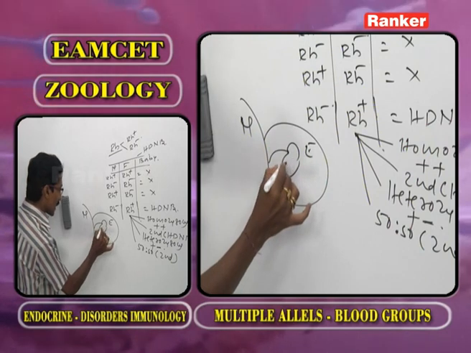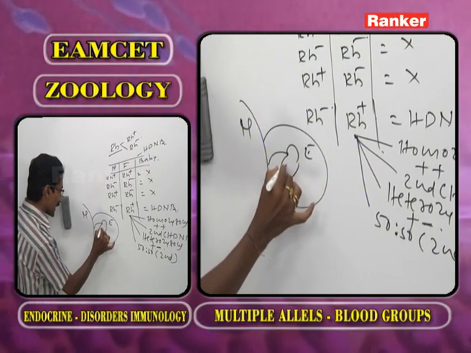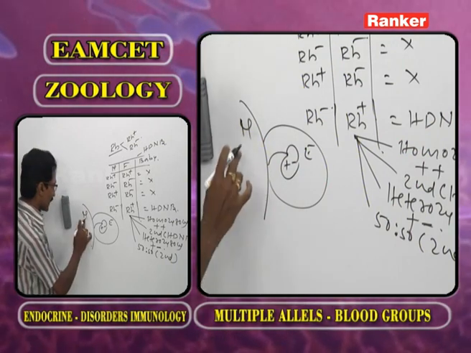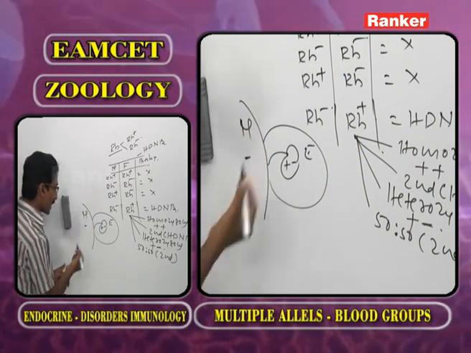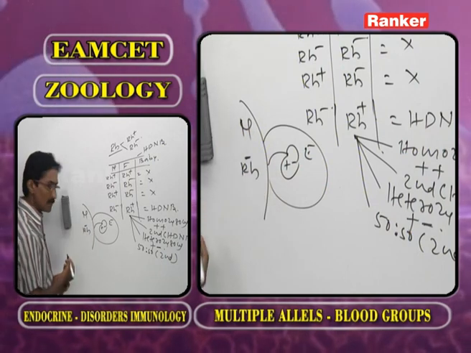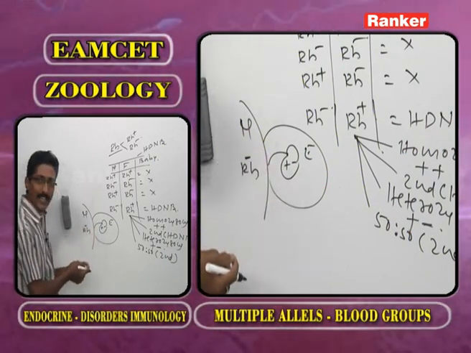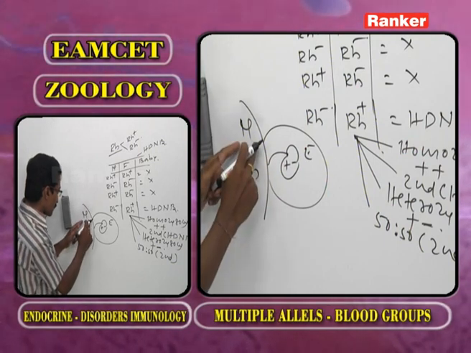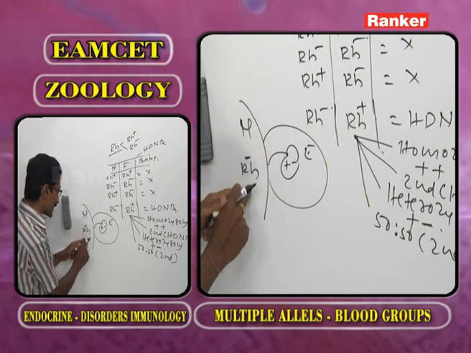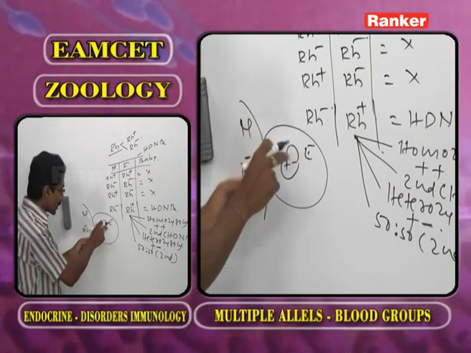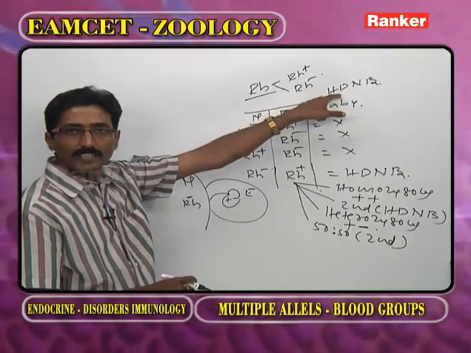As we observe the embryo, in the embryo body what is present? Rh antigen is present. The mother has no Rh antigen. So HDNB is going to occur between a mother without Rh antigen and a baby with Rh antigen. So automatically we are going to observe what type of disease?